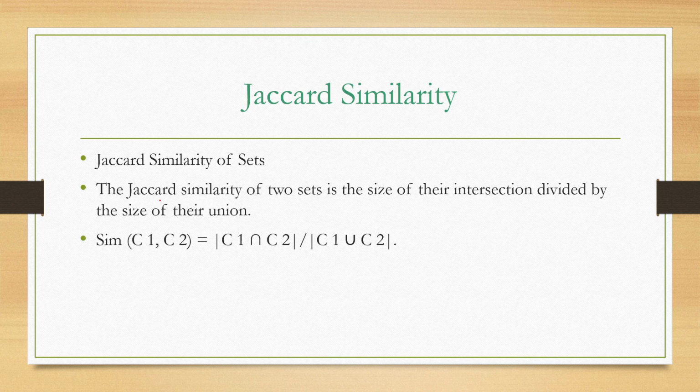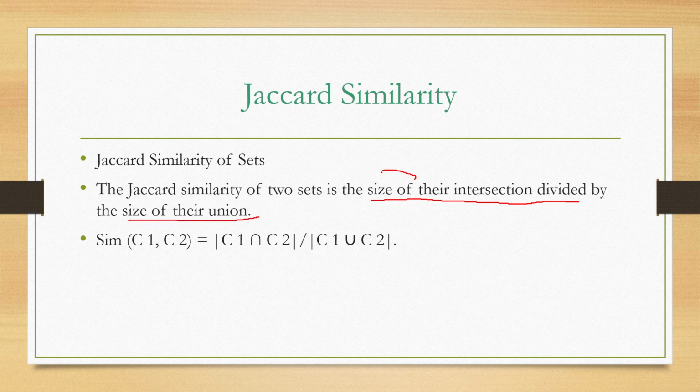Okay, now let us discuss what is Jaccard similarity. So this is a similarity measure used to find the similarity between two sets. So what is it given by? Jaccard similarity of two sets is the size of their intersection divided by the size of their union.